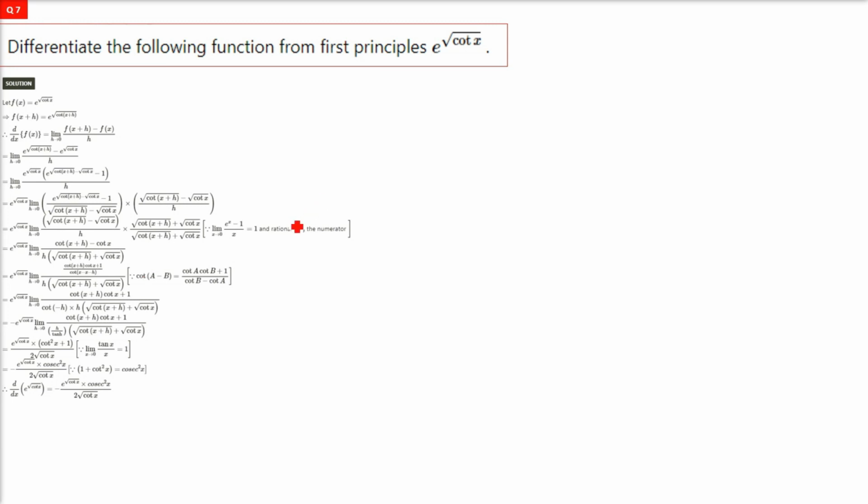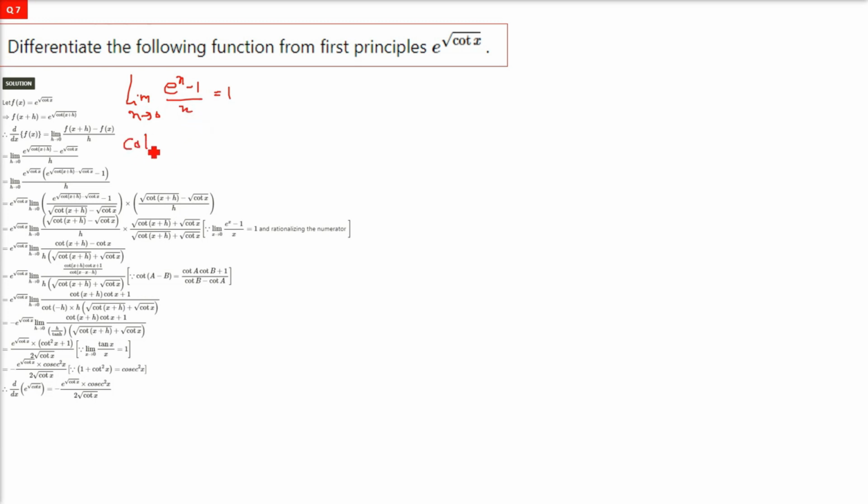But those who want to understand how this has to be done, we will be using certain identities. e raised to x minus 1 by x, limit x tends to 0, is equal to 1. This is the first thing. We will try to make this e under root cot x like this.